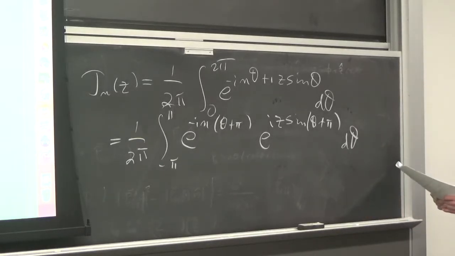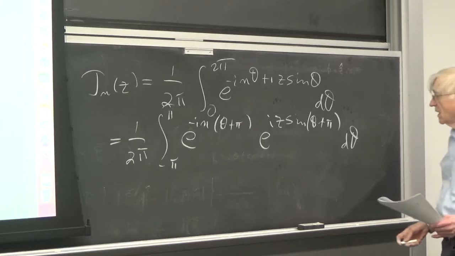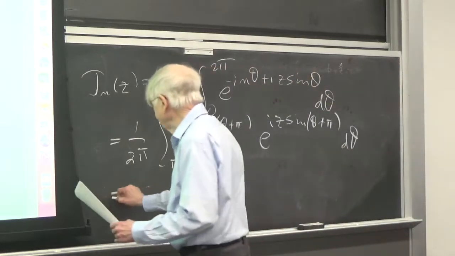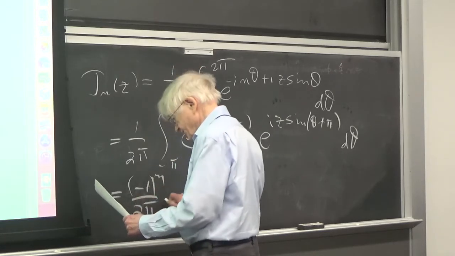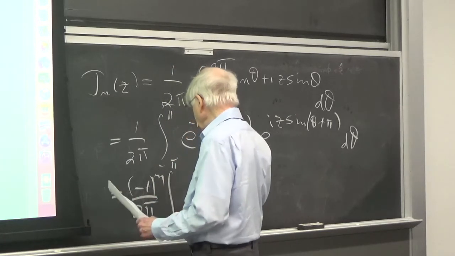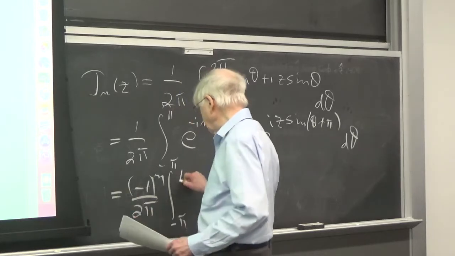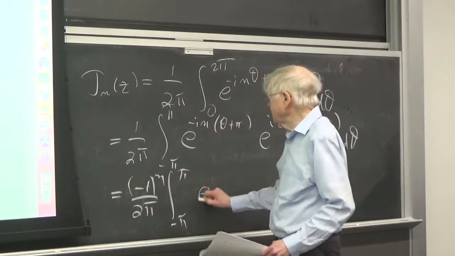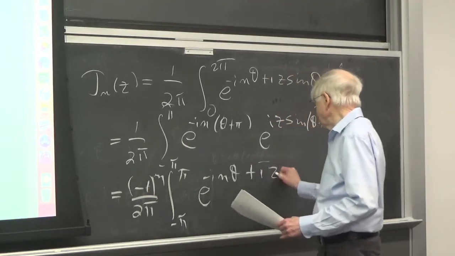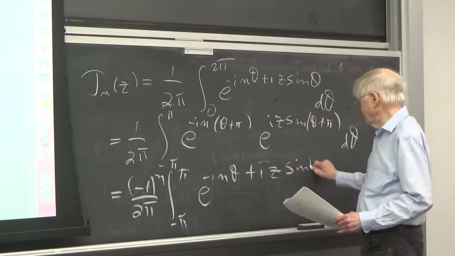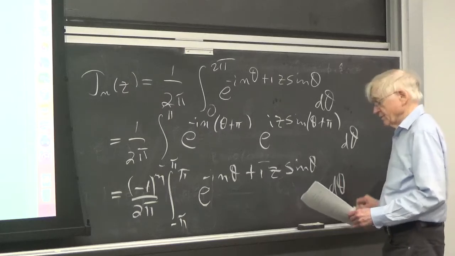and so this is equal to minus 1 to the n over 2 pi, integral minus pi to pi, e to the minus i n theta plus i z sine theta d theta.